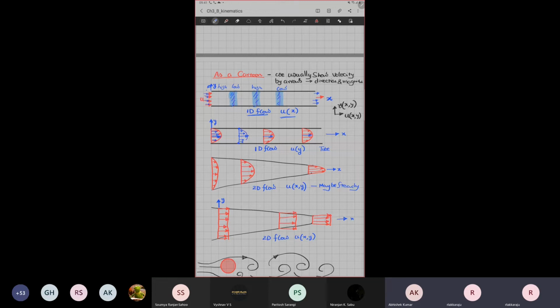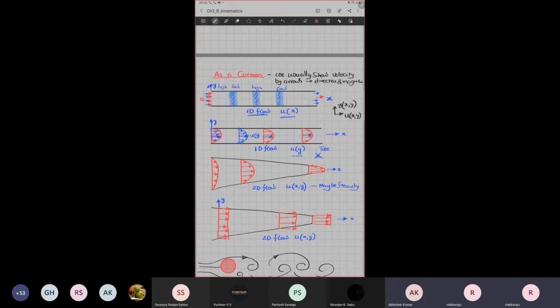All these things I connect by a line, because there is no velocity in the upward direction. That's the reason my velocity vectors are not oriented in the vertical direction, but only in the horizontal direction. In that case, if I look at this horizontal velocity component, which is u, it depends only on y, but not on the x coordinate.